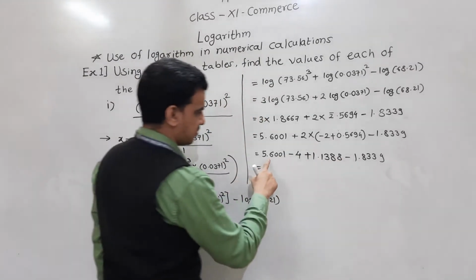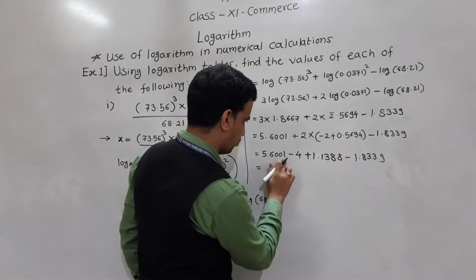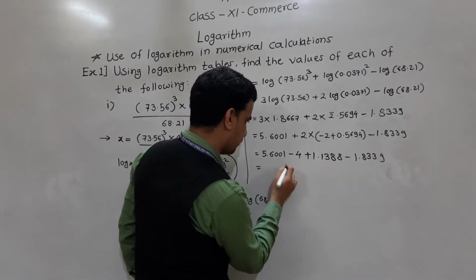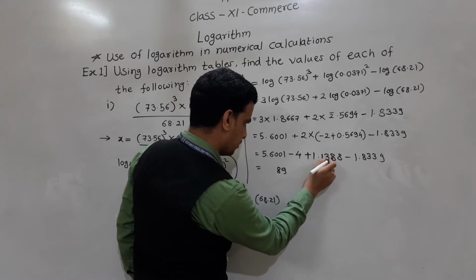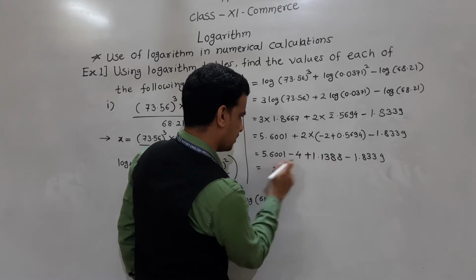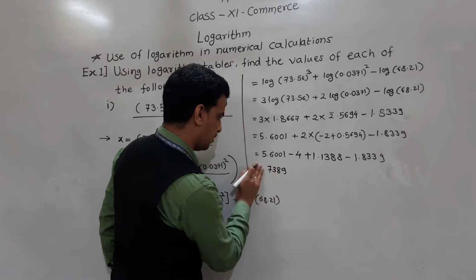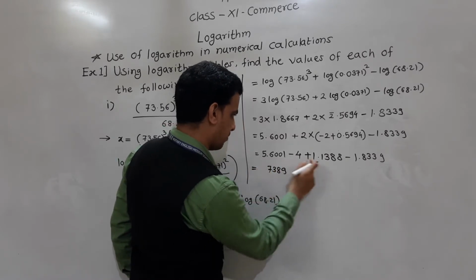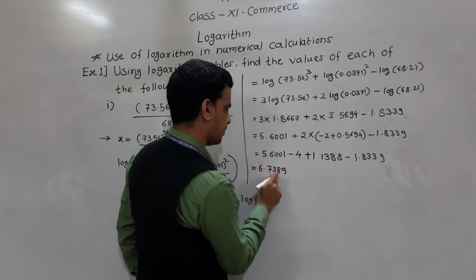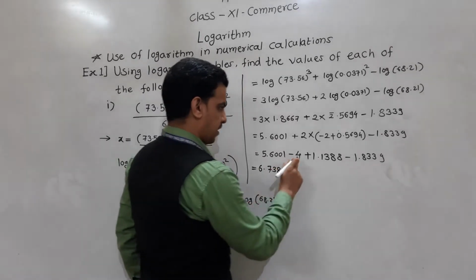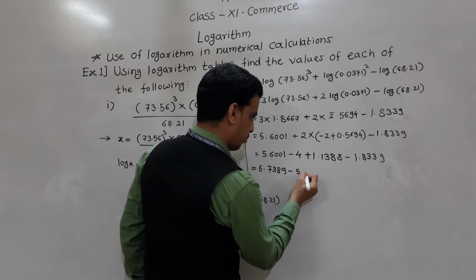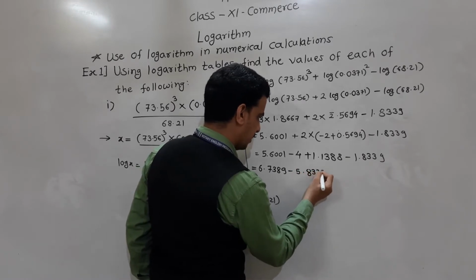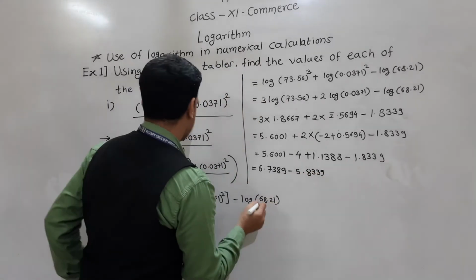Now we have to add numbers first which are positive. So 5.6001 plus this number. So 1 plus 8 is 9, 0 plus 8 is 8, 0 plus 3 is 3, 6 plus 1 is 7, and 5 plus 1 is 6. So 6.7389 minus 4 minus this, so it is minus 5.8339. Now we have to subtract this.